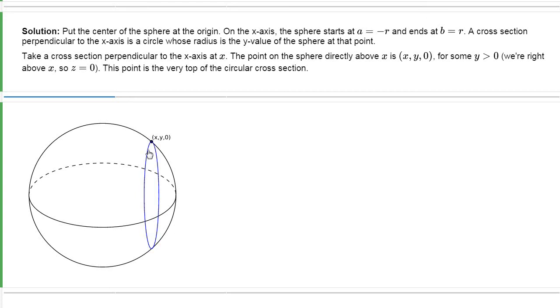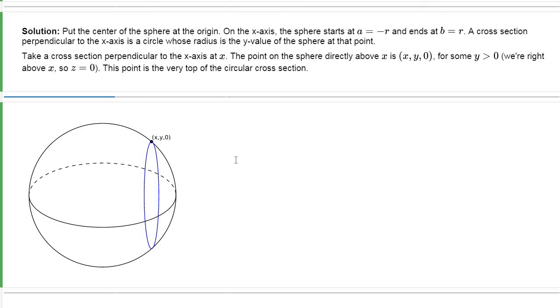Right here at the very top of this cross section, right above the x-axis, so z coordinate 0, is whatever the x coordinate is where I've cut, and then the y coordinate gives you the height of this circle, and that's the radius. So the radius here is y. If this point at the top of the cross section is (x, y, 0), then y is the radius.